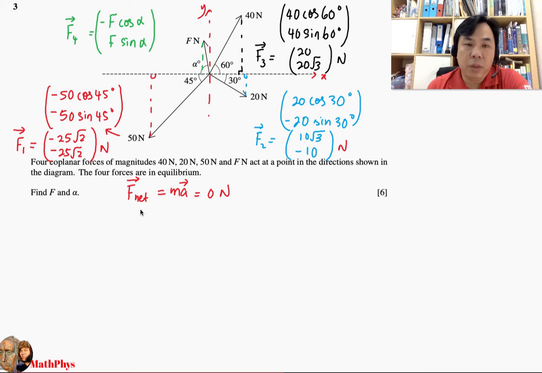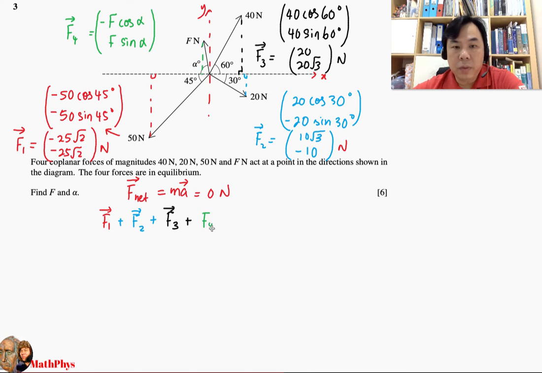So resultant force here refers to the sum of all the forces. So resultant refers to the sum of all these forces. That is, the sum of force 1, add up with the sum of force 2, and then add up with the sum of force 3, and then finally we're going to add up with force number 4.